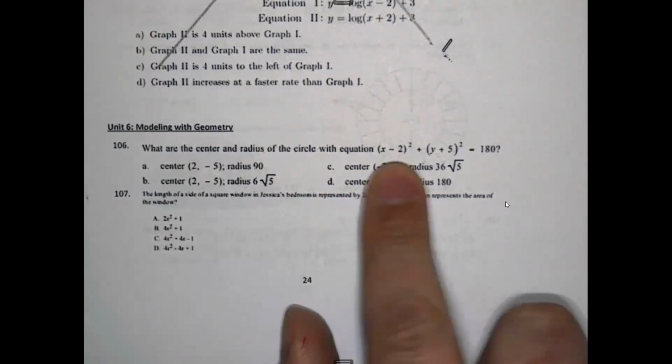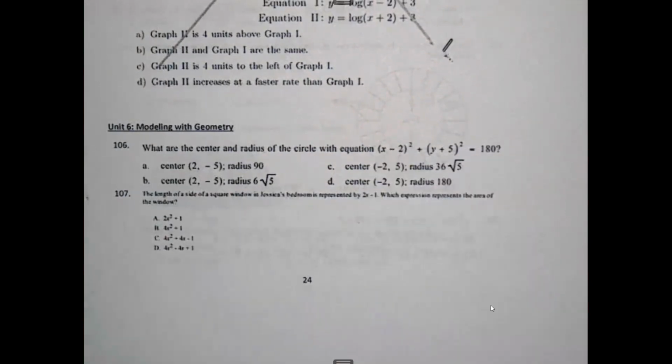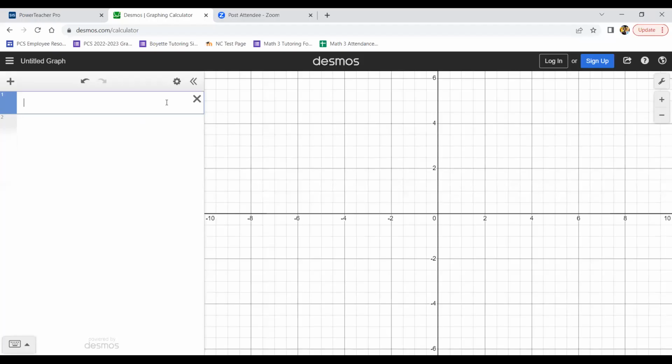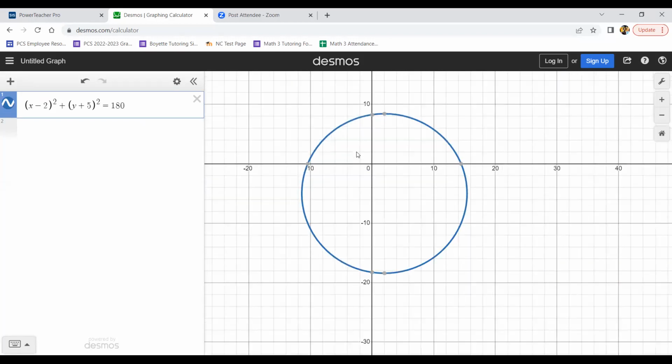So we're going to type this in: x minus 2 squared and y plus 5 squared equals 180. Oops, 180. There we go. It's a pretty big circle, so I'm going to zoom out a little bit.